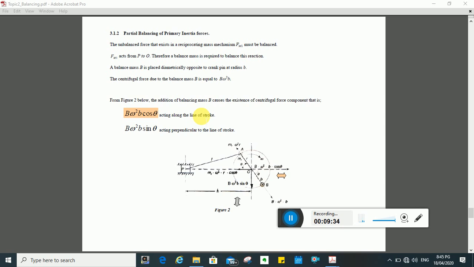X exists: B omega square b times cos theta, and acting perpendicular to the line of the stroke, Y: B omega square b sin theta.